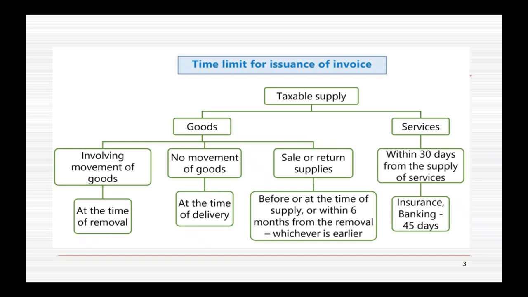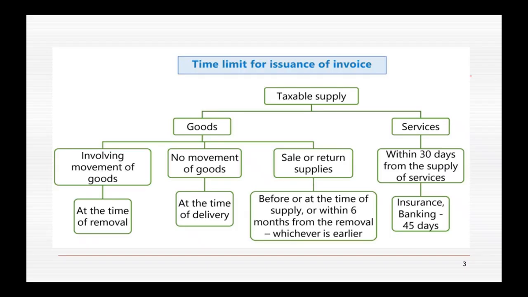So when I talk about the tax invoice first, when there is a taxable supply of goods involving movement of goods from one place to another, it can be treated as interstate or as intrastate.